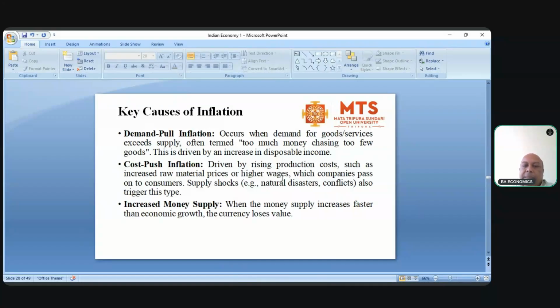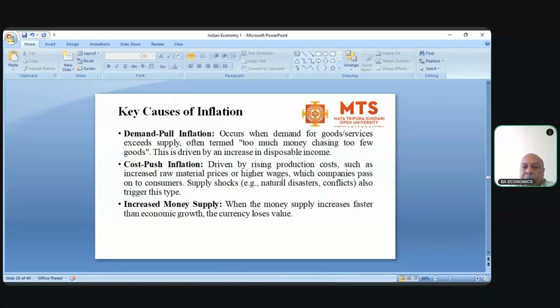In this case, people will pay a higher price for products, and so sellers will sell products at a higher price because buyers are willing to pay a high price for the product. So the price of the product increases because of increasing money supply.